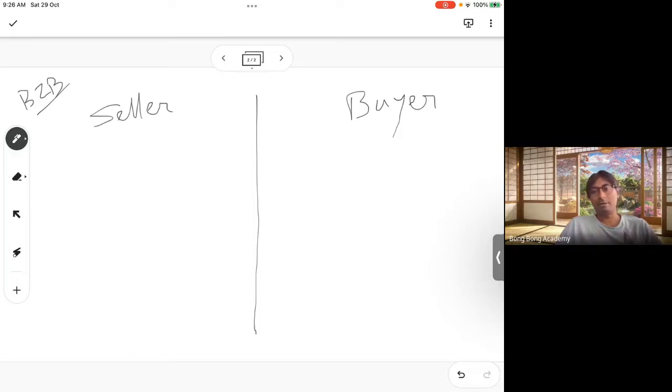B2C sales is very easy. You go to a cart, select your products, and check out. You don't need a guided selling mechanism. It might be possible for a very sophisticated product like a laptop or a Rolls-Royce car, which is completely customized for your customer, that B2C sales also probably needs a CRM. But usually, a CRM is most useful for B2B business.